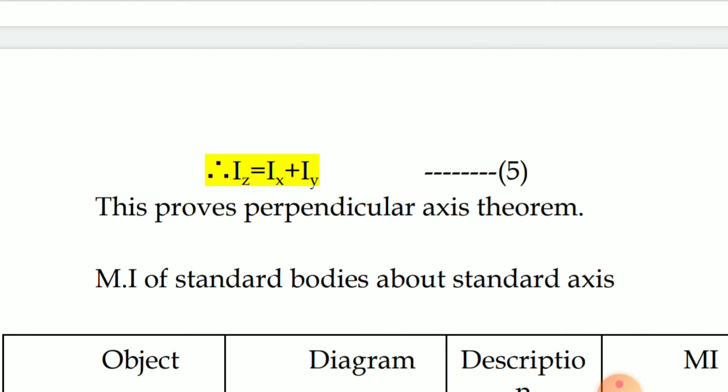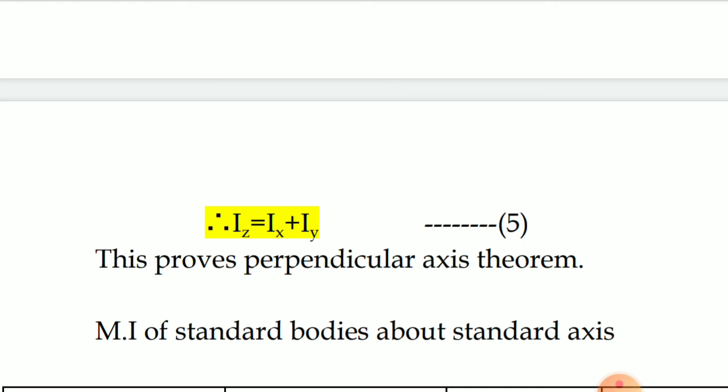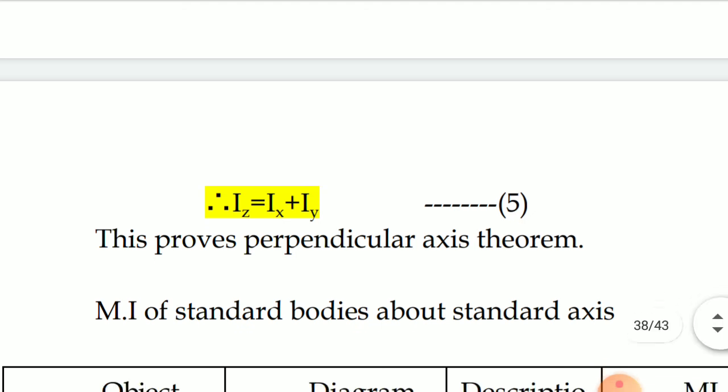This is equation number 3, which is what I wanted to prove. So this proves the perpendicular axis theorem. But once again, we have to keep in mind that this theorem can be used only when the object is a plane laminar surface.